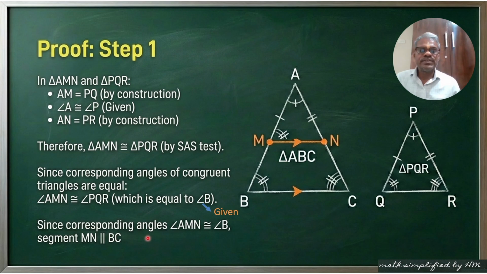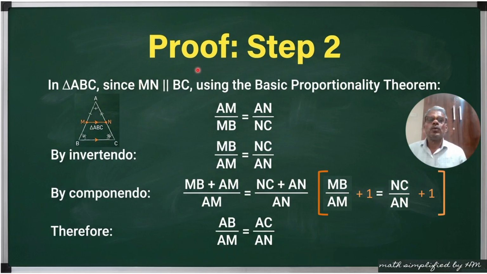Now, since corresponding angles are equal, it proves that our constructed segment MN is parallel to side BC. Now, we have in triangle ABC, since MN is parallel to BC, just as we have proved it.